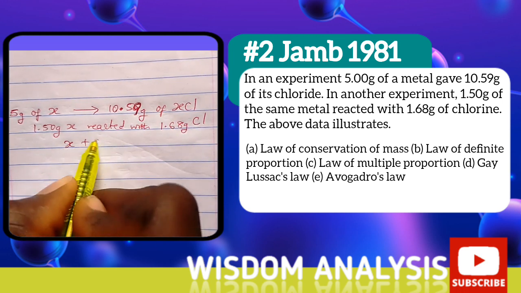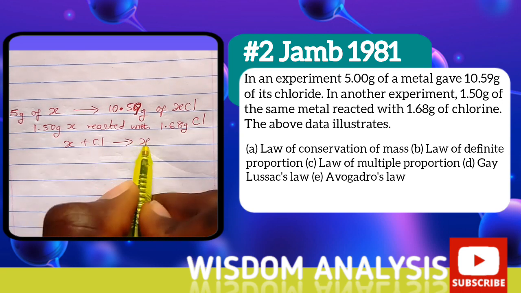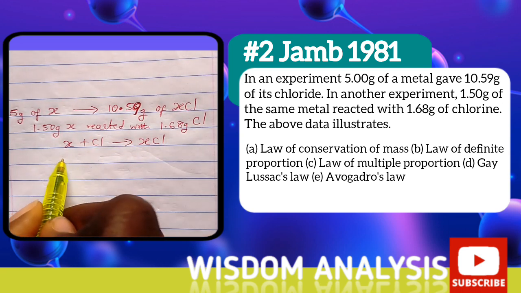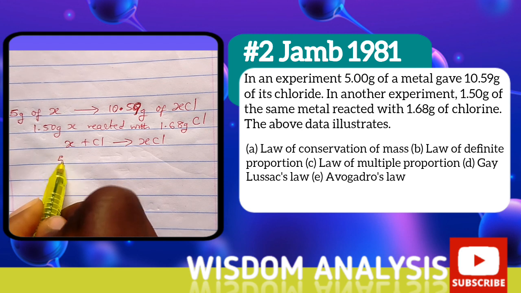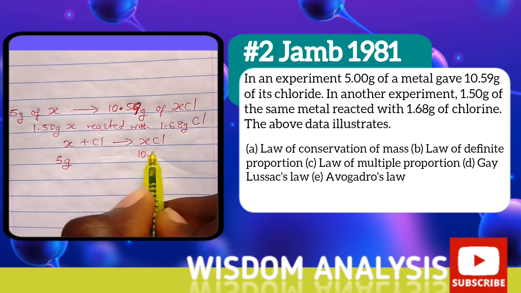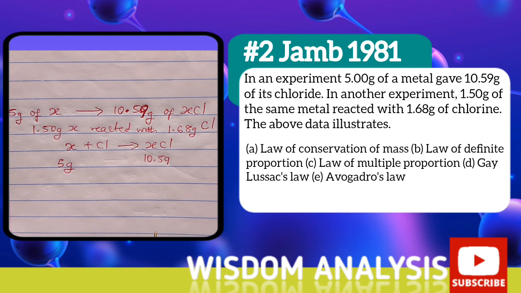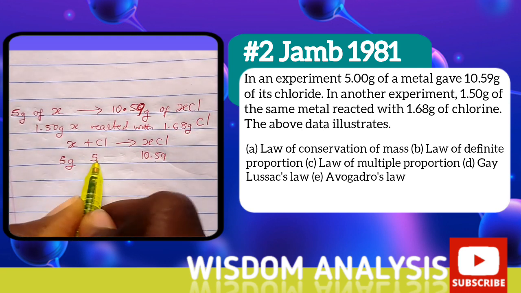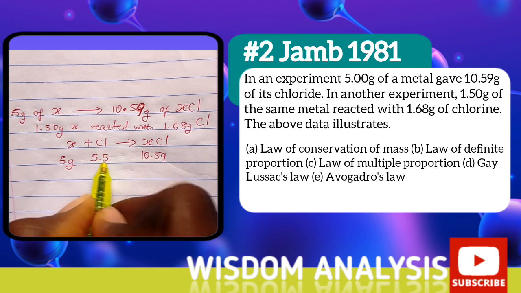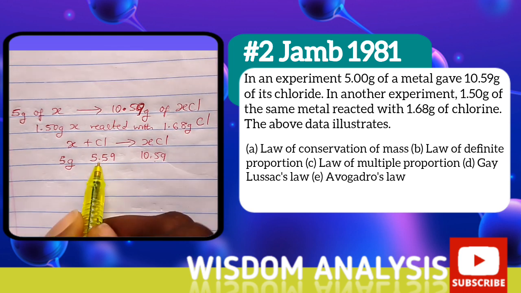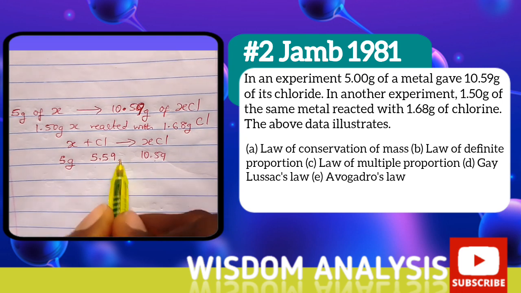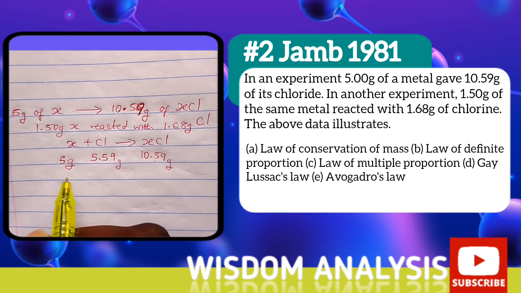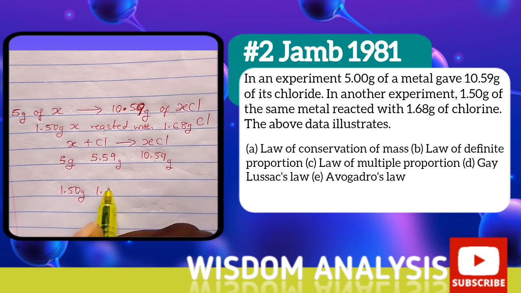Normally, X plus chlorine will give X chloride. So 5 gram gave 10.59, and the remaining mass, that is the mass of chlorine, will be 5.59, all in gram. Then 1.50 gram reacted with 1.68 gram.